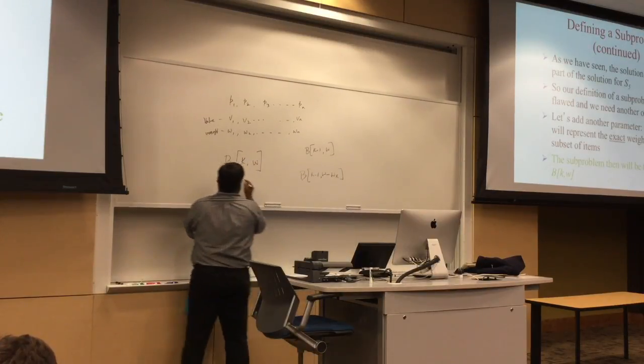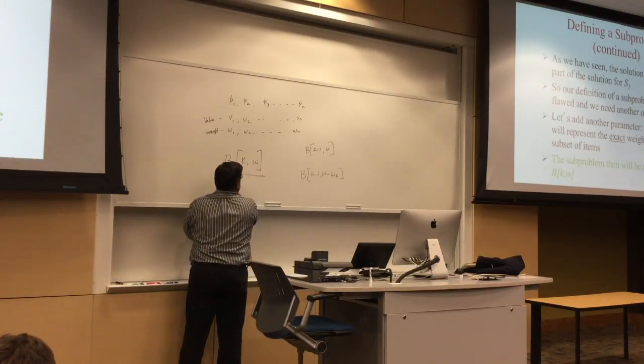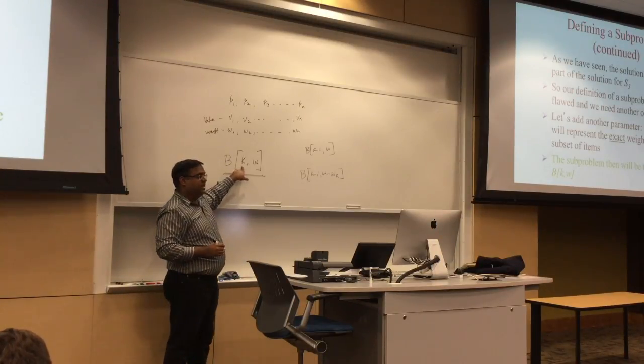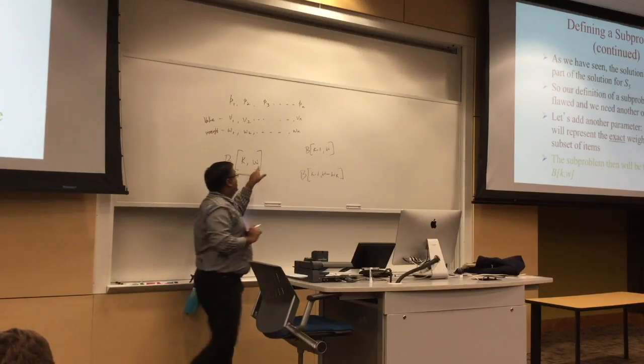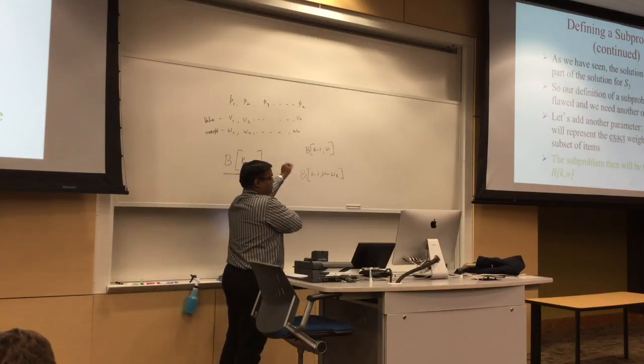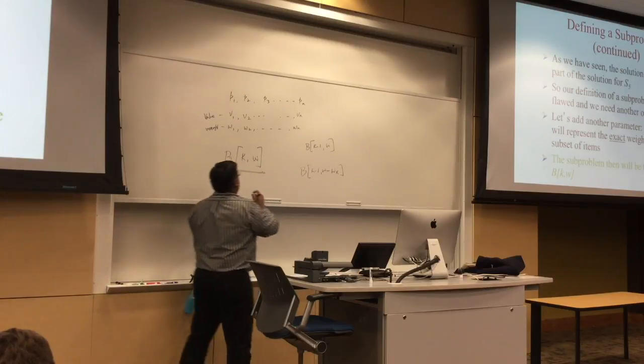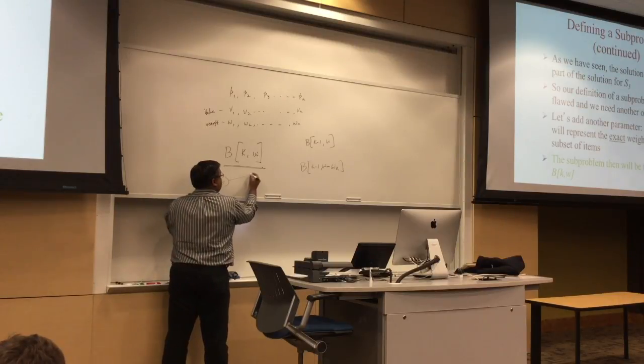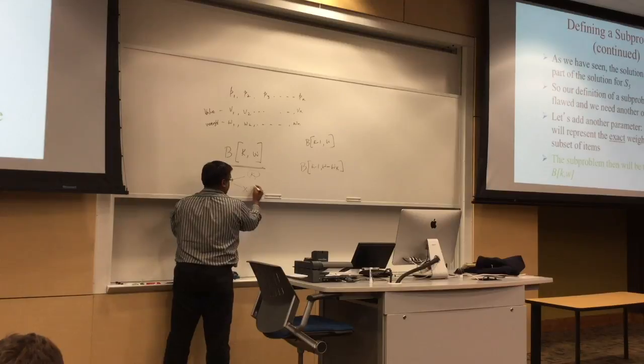This tells that I've considered k items and I've used up W weight, right? To find this value, I have two choices. When I consider k minus 1 items, either I choose the kth item or I don't choose the kth item.